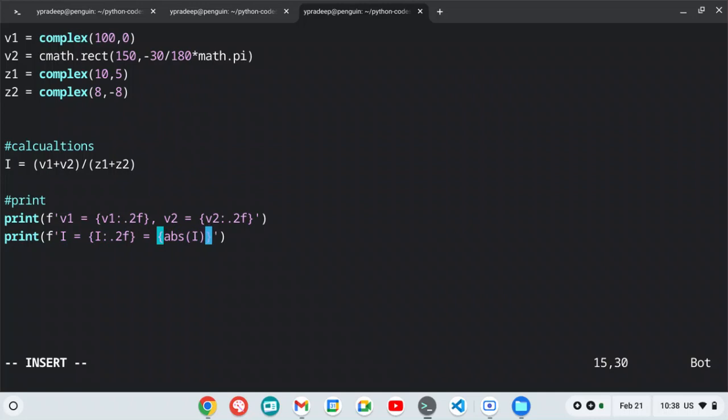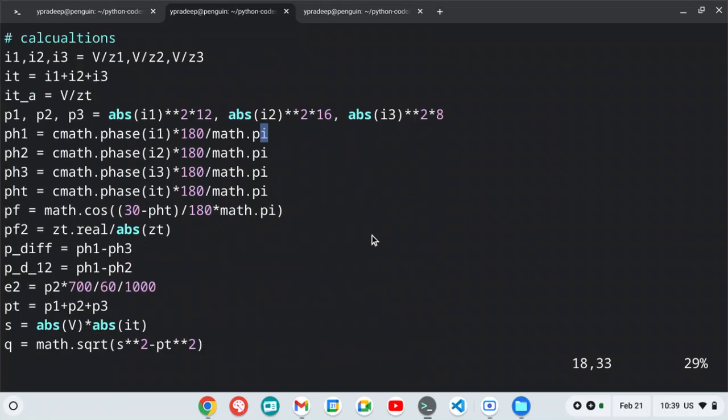First, the absolute value of I will give me the current. Okay, then I'll use this angle symbol just to make it look like an angle. And now I want the angle of I. How do I get that? I think, did we use that yesterday? There is a phase, cmath dot phase.